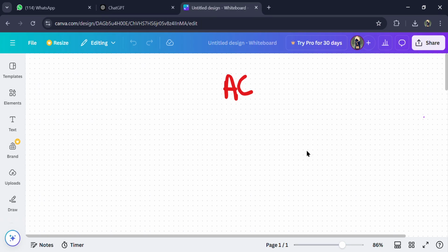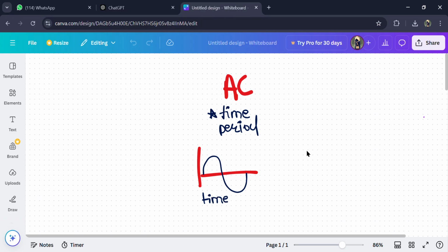Second terminology is time period. We'll use this word throughout our whole journey. Now, time period is basically the calculation of the time taken by one cycle.